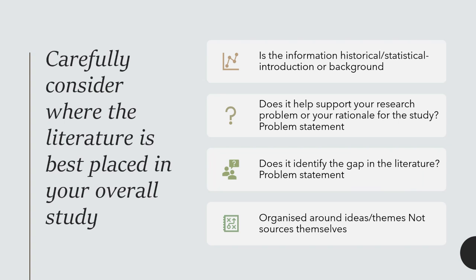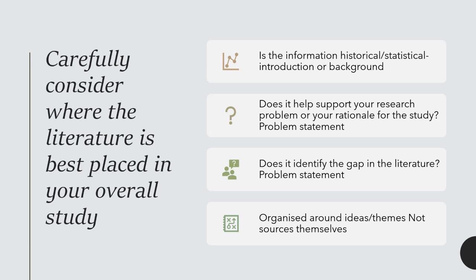We also need to carefully consider where the literature is best placed in your overall study. So we can use literature other than in our formal literature review chapter. We can use literature in different parts of our proposal or different parts of our dissertation or thesis.